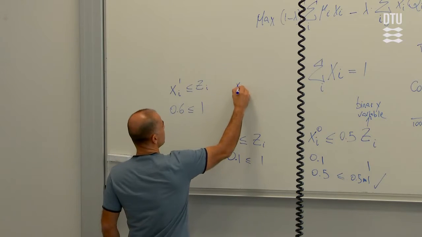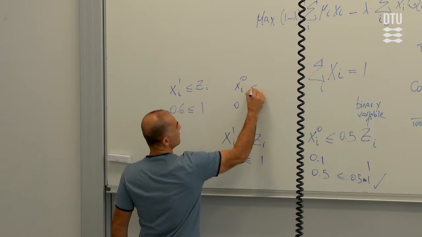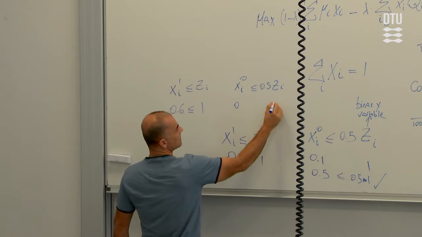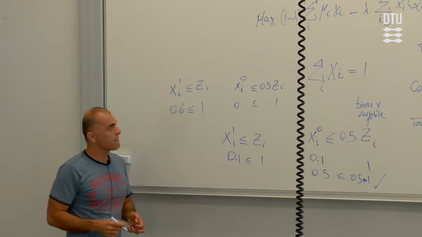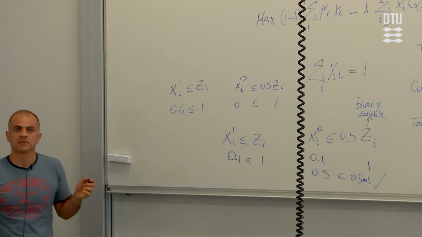And then let xi0, which is the other one, be 0, and less than 0.5 zi, right? And this guy would be 1, but it doesn't matter. 0 is still less equal 1, right? There's nothing wrong with that, right? So essentially, that could happen.